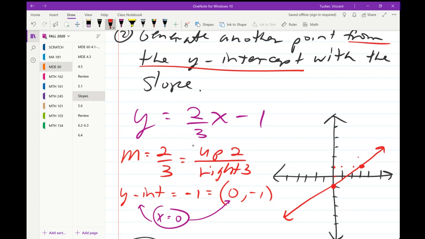And if I wanted, I can keep going up 2, right 3, up 2, right 3. It'll continue to generate points on the line. All right. Any questions?